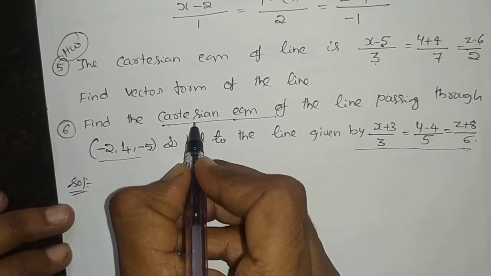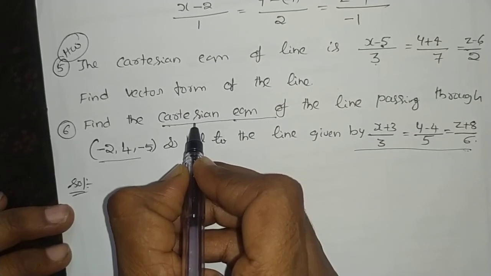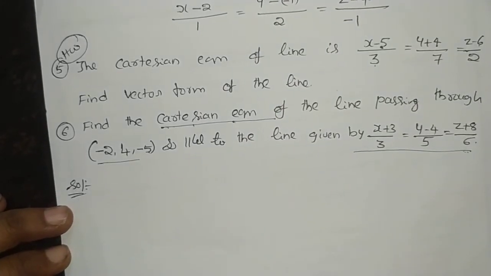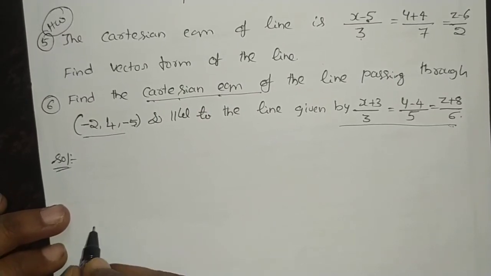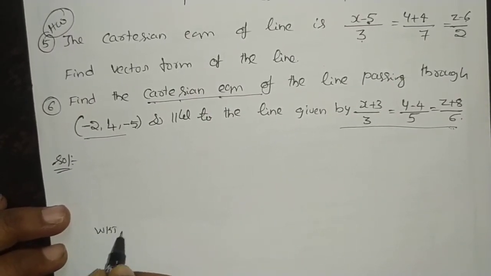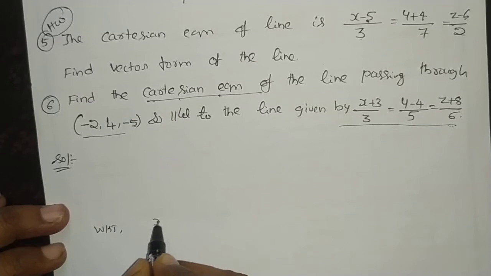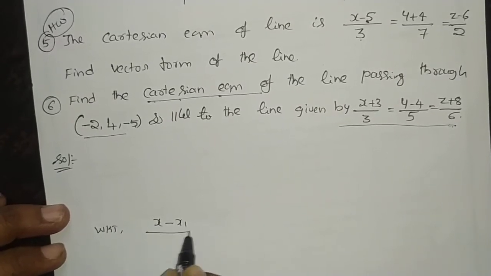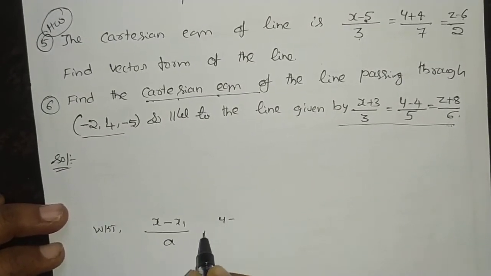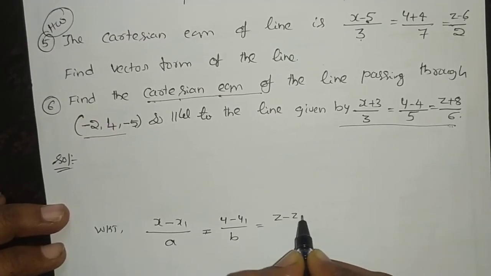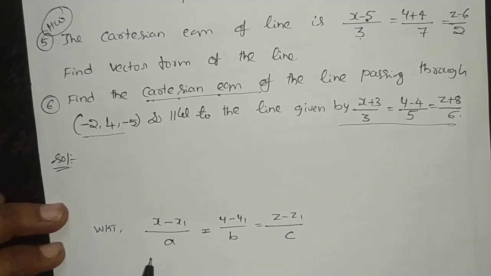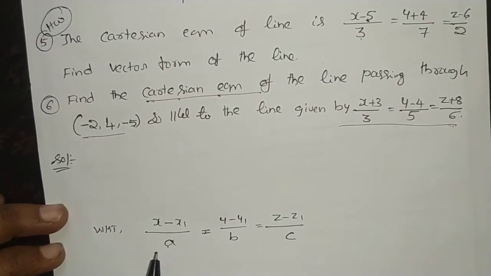To find the Cartesian equation, what do we require? You just recall the Cartesian equation form: (x minus x1) by a, (y minus y1) by b, (z minus z1) by c.